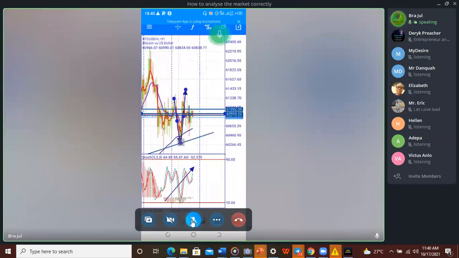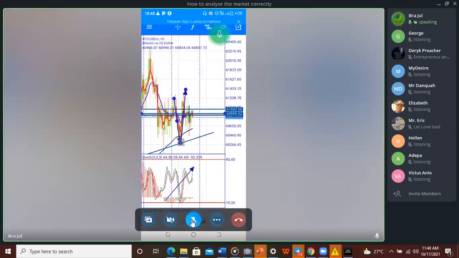As the market was going down, it got there and it was supported. There were some forces that supported it not to go down again.